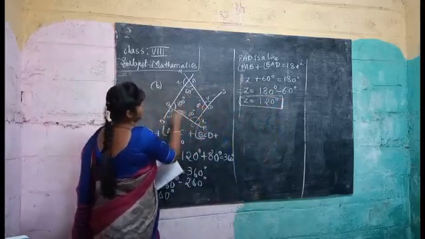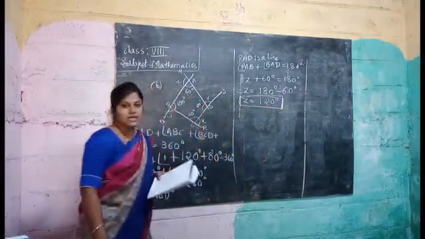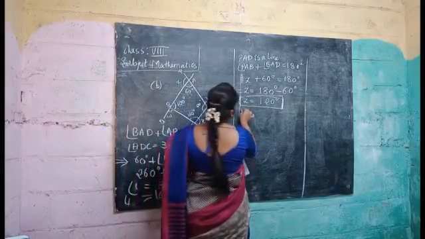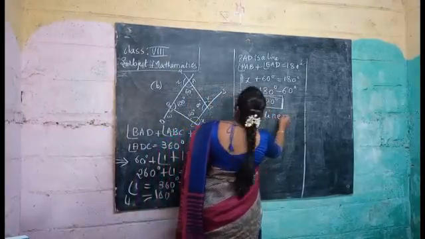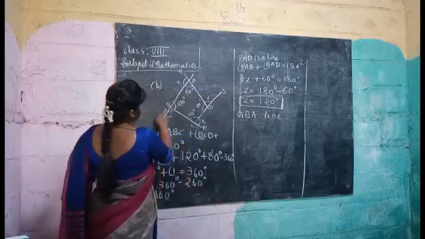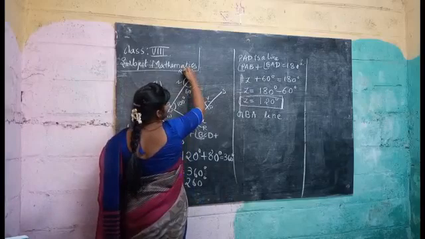Y we have, X we have, and W we have. So we have to find out the remaining points. Next I am taking the QBA line. Where is QBA? I am taking this line.